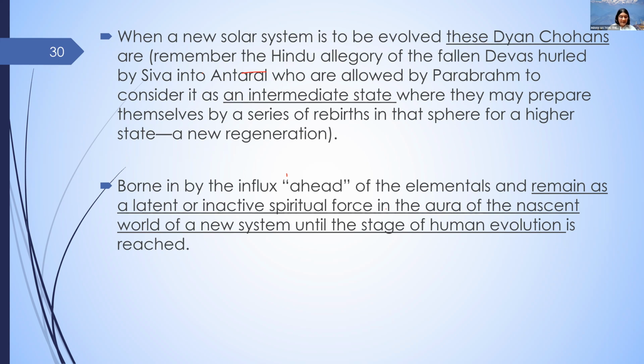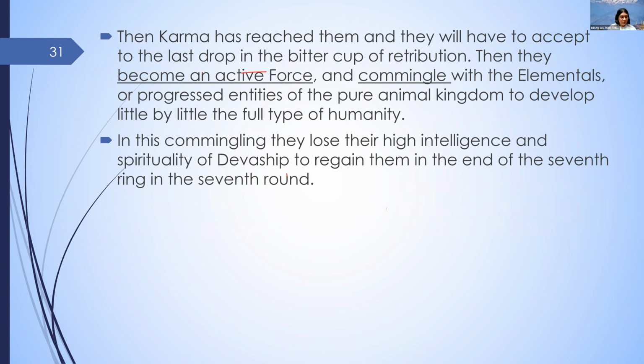These fallen devas are already present in the solar system as the latent spiritual force till the time human evolution begins. And after that, their onward evolution will begin. So once that happens, then karma has reached them and they will have to drink to the last drop the bitter cup of retribution.